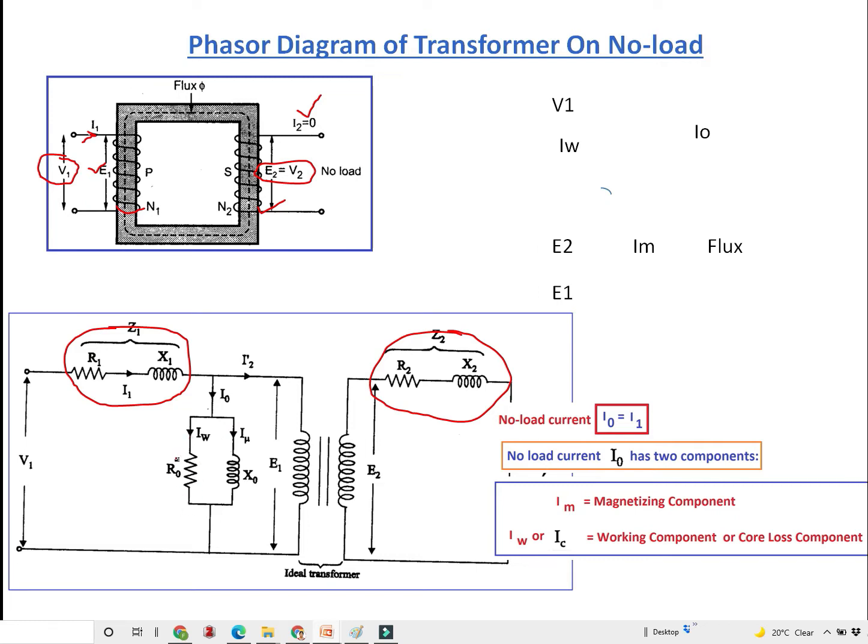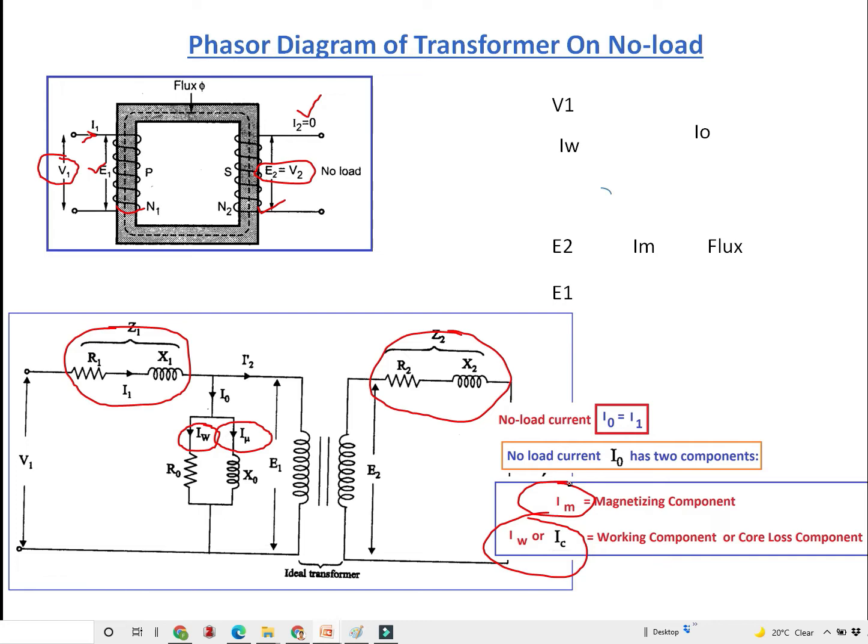This resistive component is responsible for the core loss. It can be represented as IW or IC, working component or core loss component. Similarly, the magnetizing component is represented by the variable I mu or IM. It can be represented by both variables.